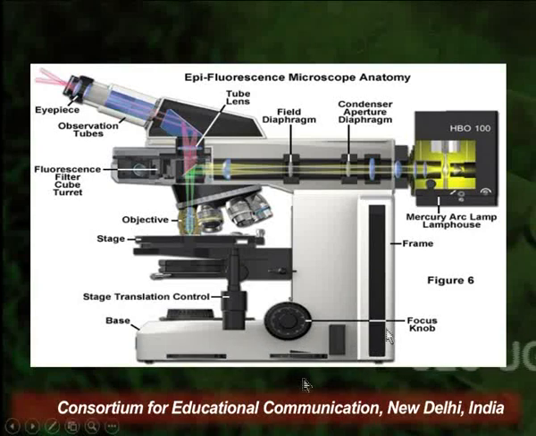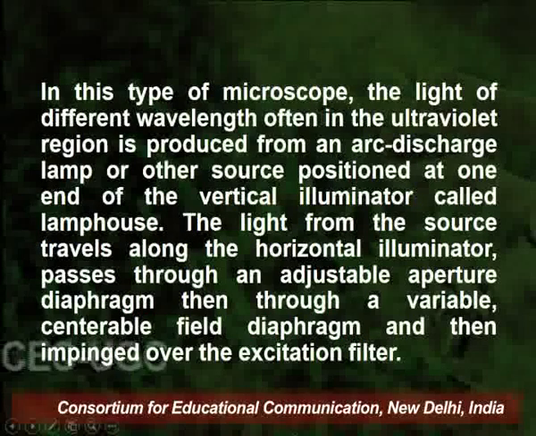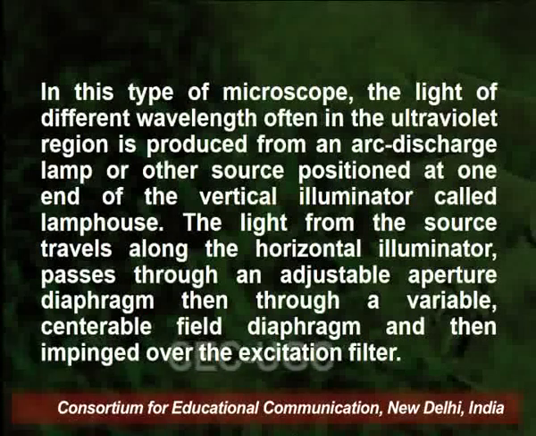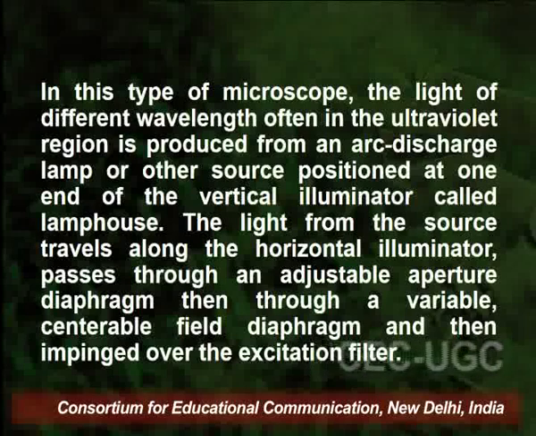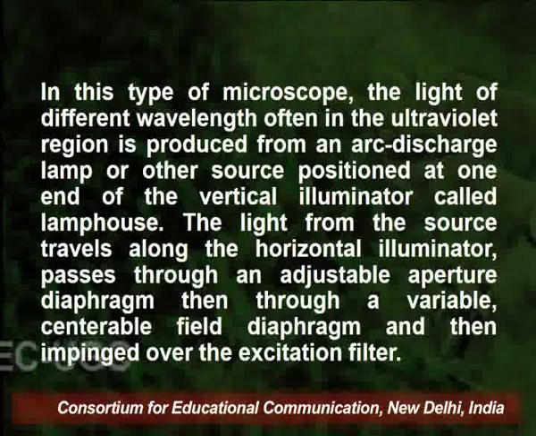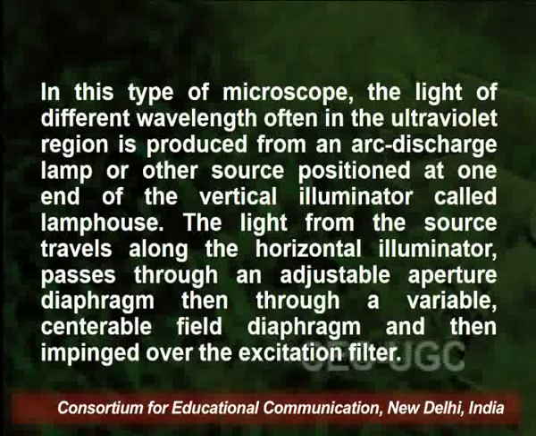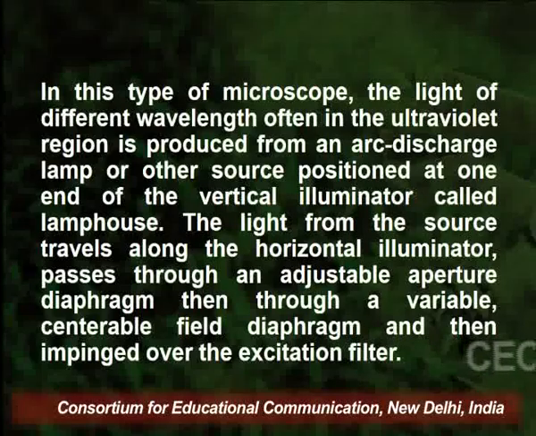Rest all the structures remain common to any light field microscopy, such as the frame, the base, the focus knob, the stage, and other structures. In this type of microscope, the light of different wavelength, often in the ultraviolet region, is produced from an arc discharge lamp or other source positioned at one end of the vertical illuminator called the lamp house.